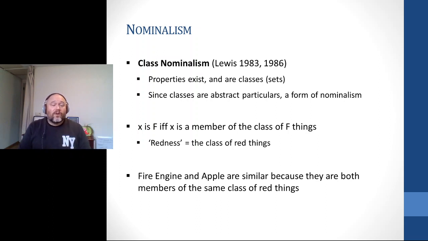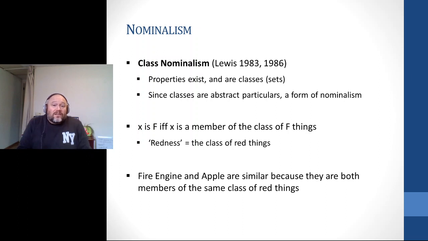Instead, properties are classes, that is, sets. And sets are, of course, just other objects. They're funny objects, admittedly. They're the ones defined in terms of the set theoretic machinery we talked about a few weeks ago. But they're still just objects.